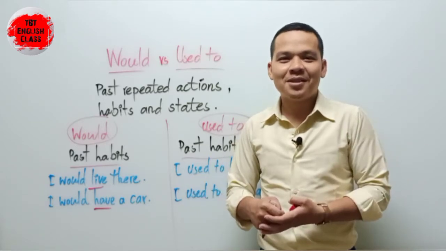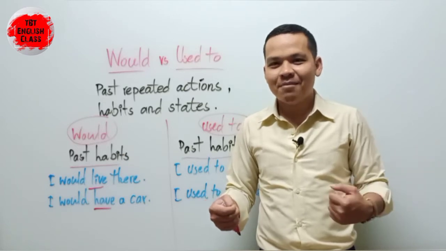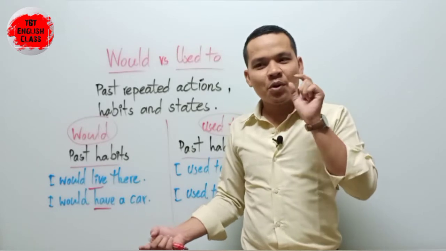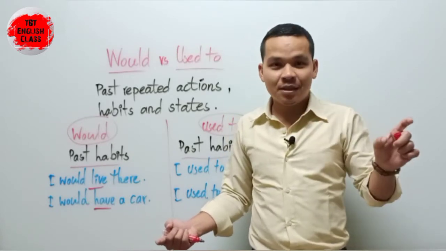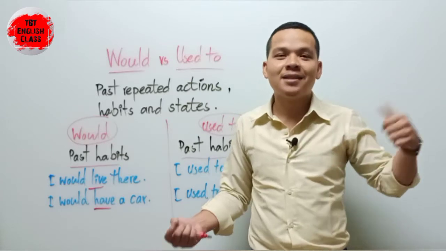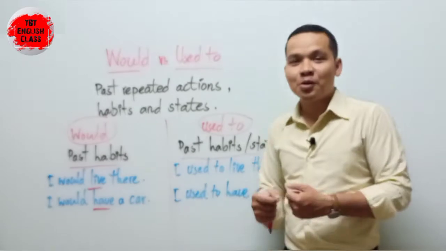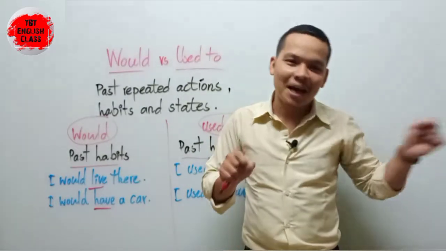That's okay. You can say I would have dinner with you last week. But in our lesson, if we talk about a past situation or action that happened only once, just one time in the past, we don't use would, and also don't use used to.